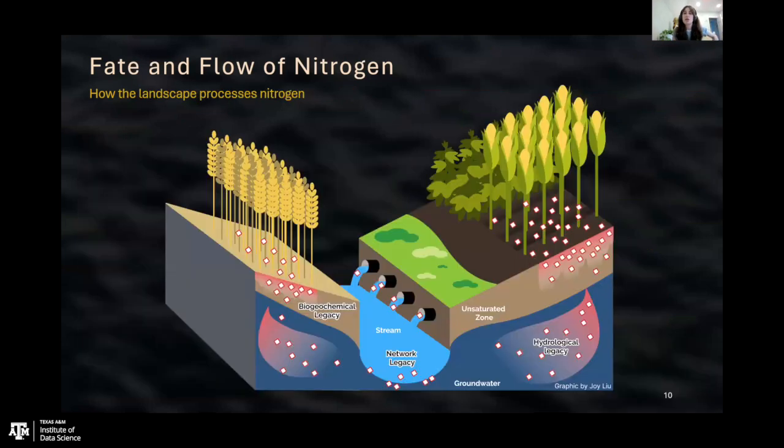When we try to understand what drives that relationship, what makes this decoupling or nonlinear relationship between what goes into the landscape and what comes out, we focus on a term called legacies. Really it's this pool of nutrients that is just hanging out in the landscape.